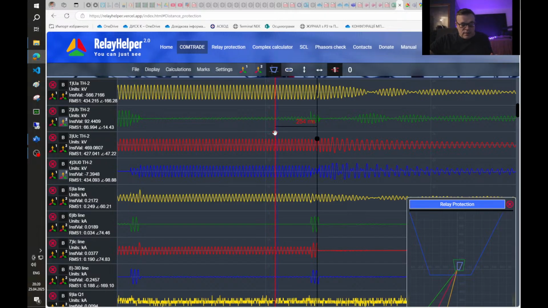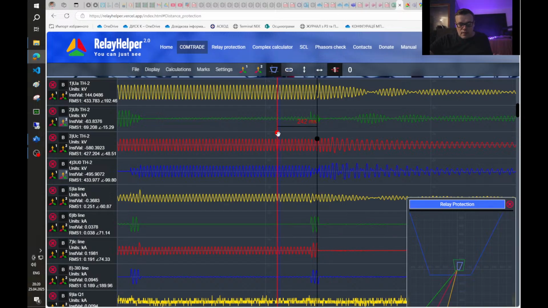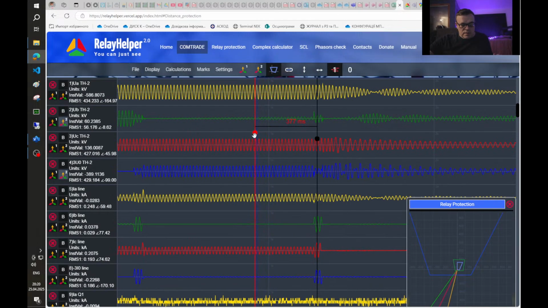For instance, the setting of this block can be 60 or 80 kilovolt, and in this case we already have 60 kilovolt here, so we can reduce this pause by using this logic.